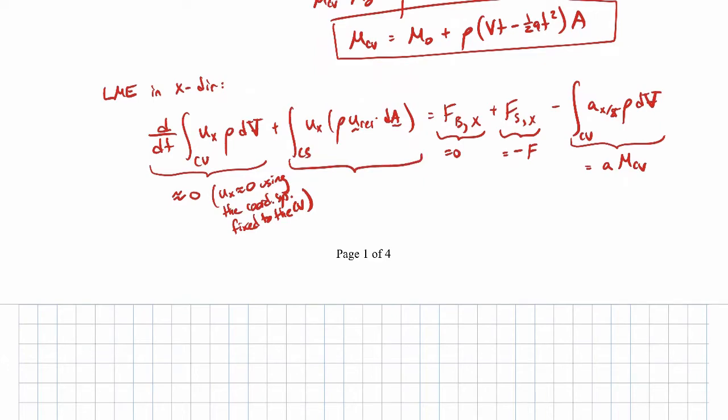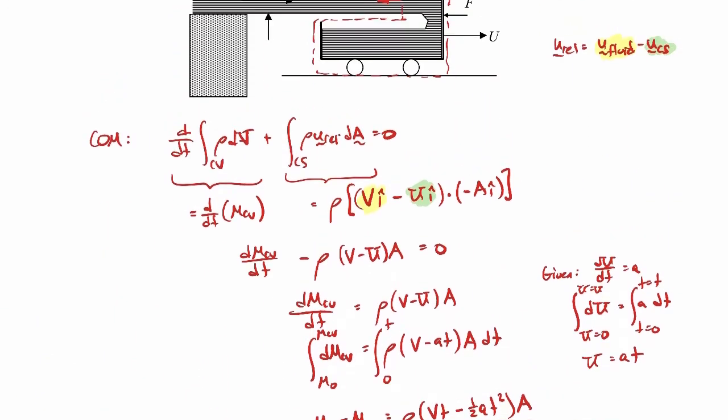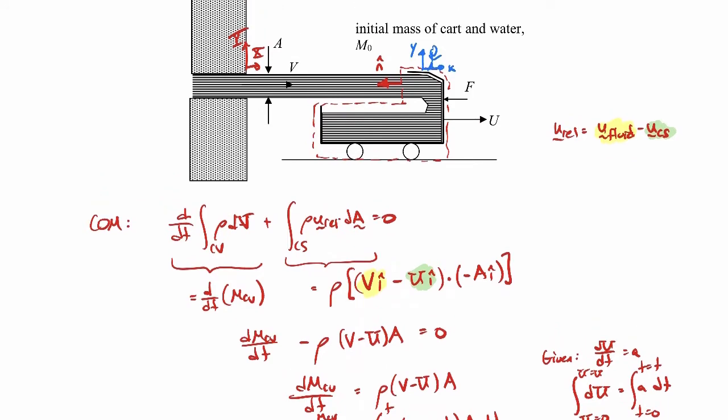Let's evaluate the u sub x term. So this is the velocity of whatever's crossing our control surface using our little xy coordinate system. The only thing that's crossing the control surface is this stream of water that's coming in, right? And using our coordinate system here, the velocity of that stream of water will be v minus u.